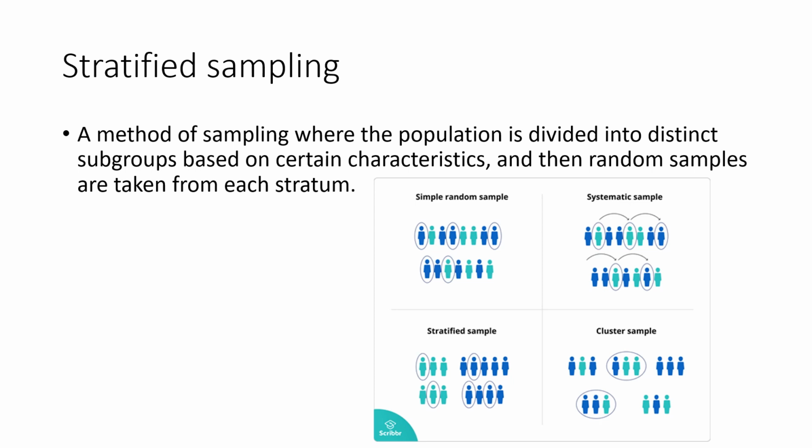For every 1 girl, you have 3 boys. So what you can do, you could divide the population into girls and boys, and then for every 1 girl you randomly select 3 boys. So let's say you got them split into 5 girls and 15 boys. You randomly pick 3 girls, and then you would randomly pick 9 boys, and you would still have that 1 to 3 ratio like the true population does.